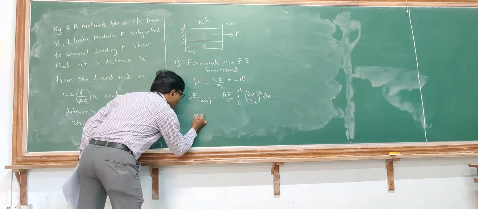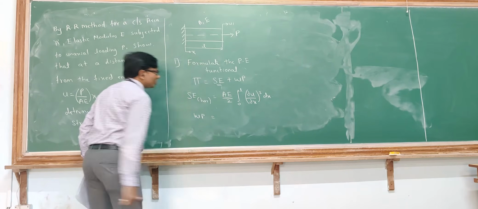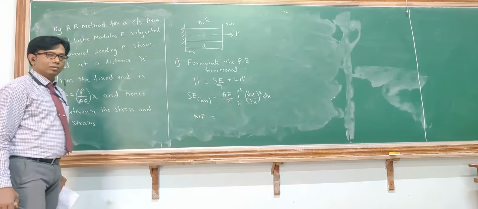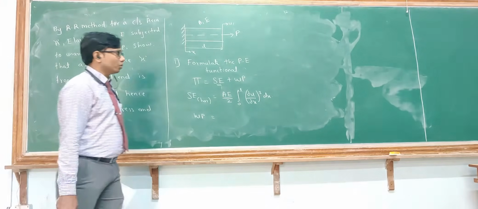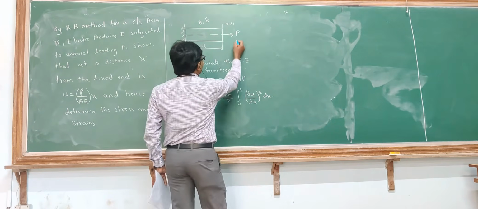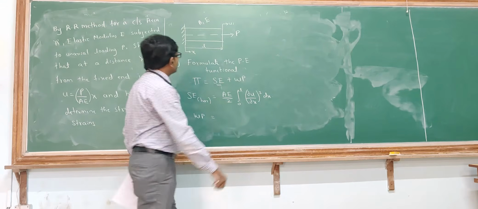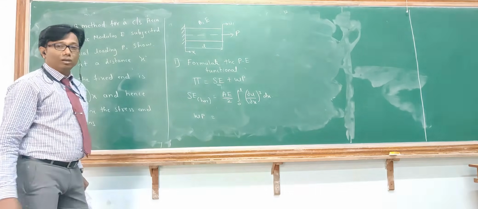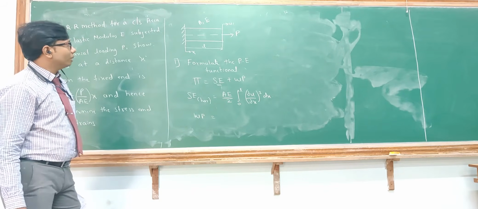Next comes work potential. Work potential basically depends on the loading. So it is work done on the system by the external force. If I see here, P is the load. Because of this P, we are getting the displacement U1. So what will be the work done? Force into displacement will be the work done.